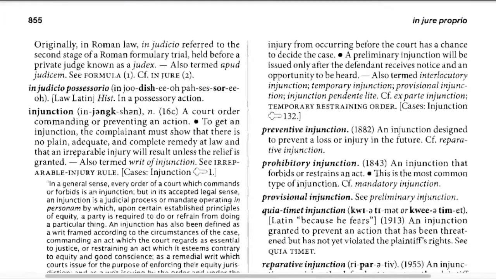Okay, that sounds good. A preliminary injunction will be issued only after the defendant receives notice and an opportunity to be heard. Also termed interlocutory injunction, temporary injunction, provisional injunction, injunction pendente lite. Okay, so we can always look into that more.